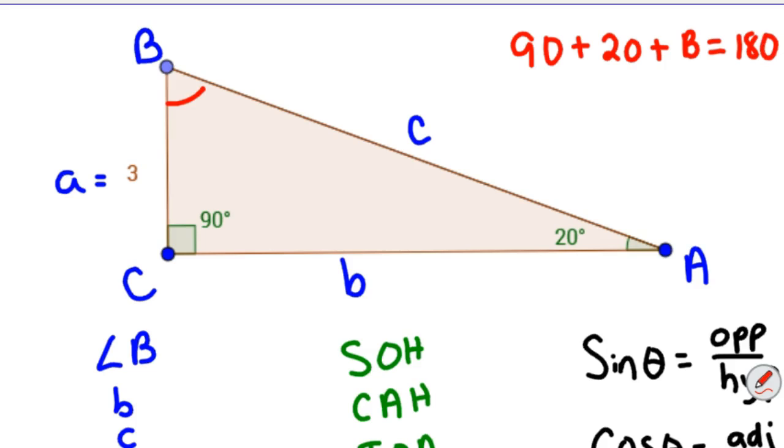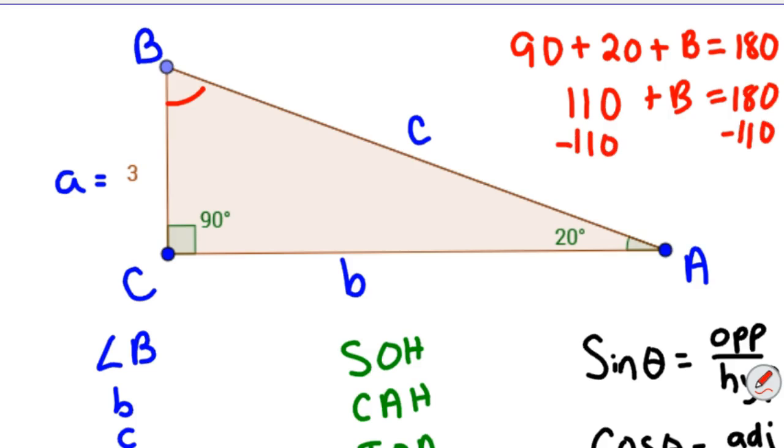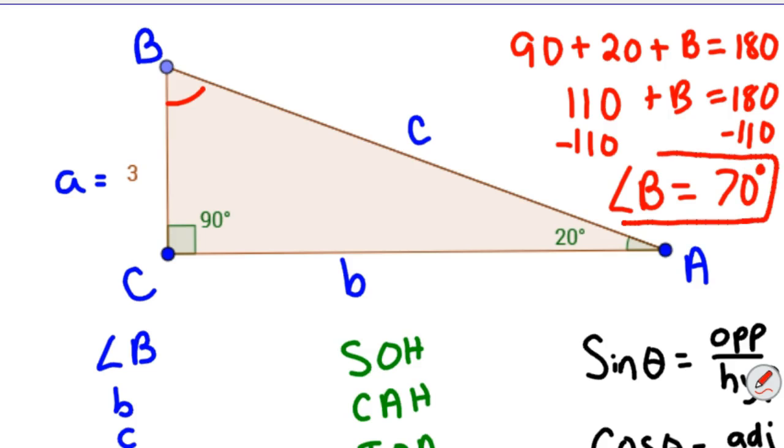And so 90 and 20 is 110, and then plus B equals 180, and then you subtract 110. Not that you need all this fancy algebra, you could do this probably in your head most of the time, but we know angle B then is 70 degrees. So that's one of the missing pieces figured out for us.